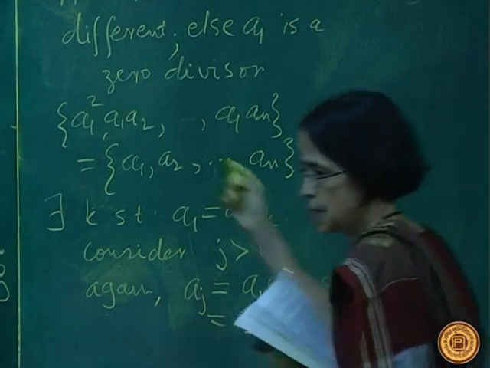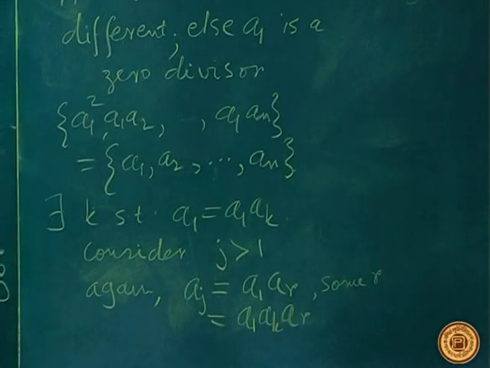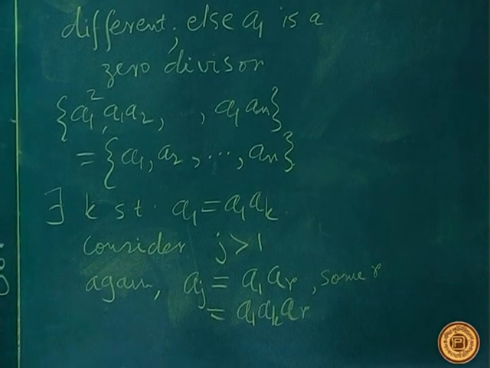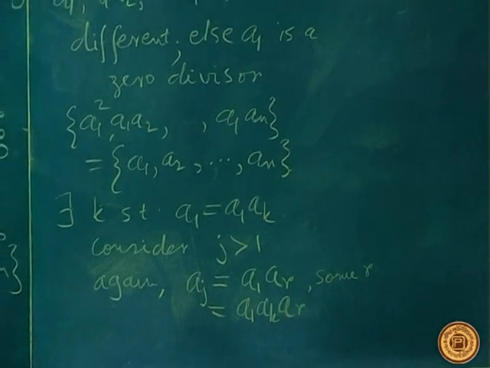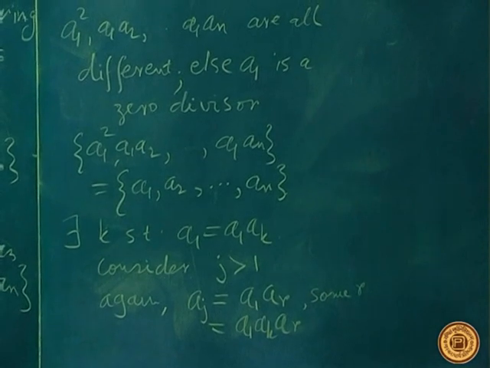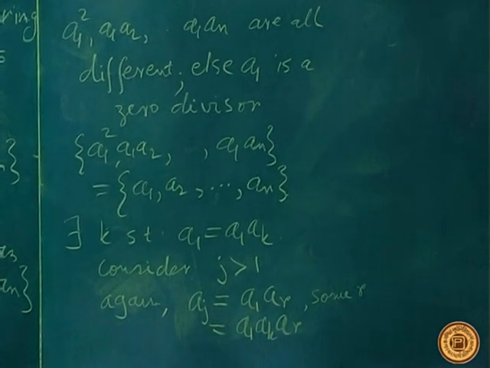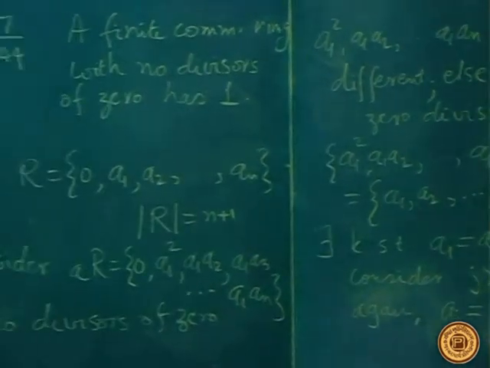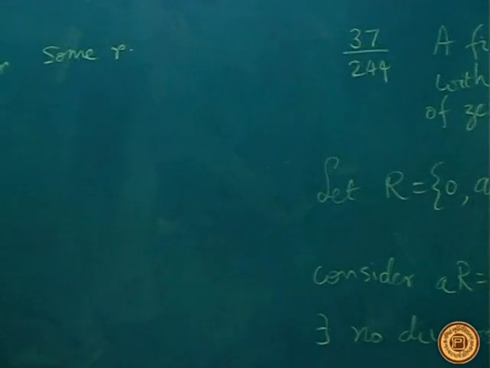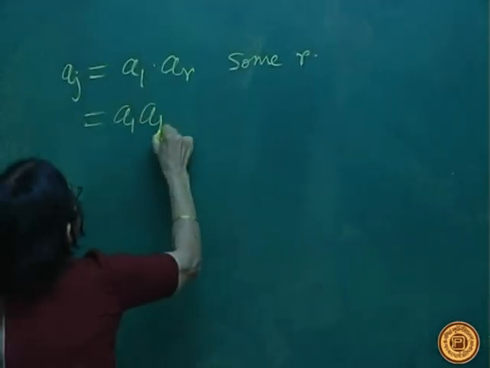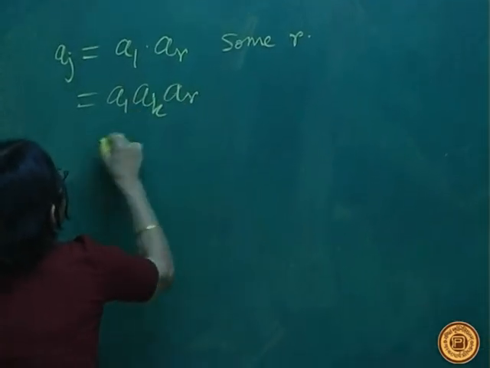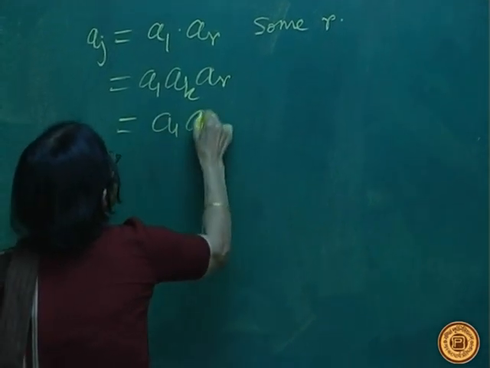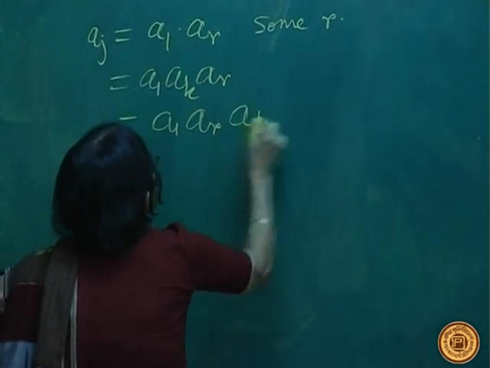So let me go over there so that you can see better. What have we got there? AJ, J greater than 1. AJ is also equal to A1 into AR for some R. And this is equal to A1 AK AR. The ring is commutative. So this is A1 AR into AK.